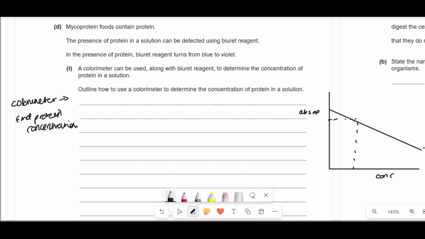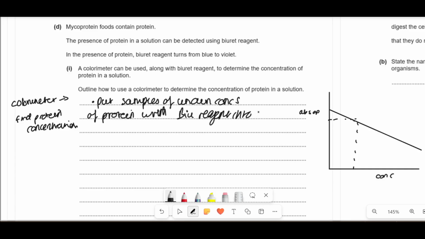Then you need to outline how you would do this. First of all, you would put samples of known concentrations of protein with the biuret reagent into the colorimeter. You should zero it before use.